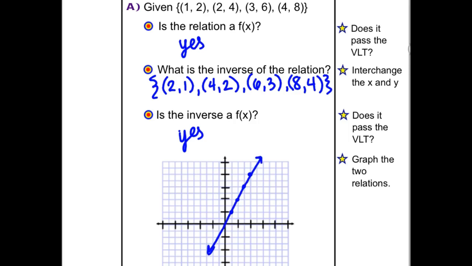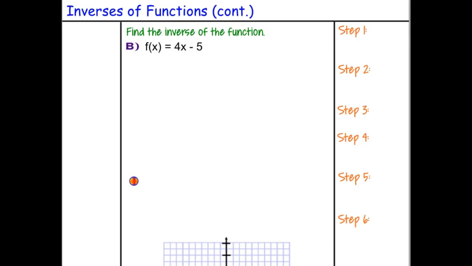And then in red, I'll graph the other one: (2, 1), (4, 2), (6, 3), and (8, 4). And we'll talk about how they relate to each other now.